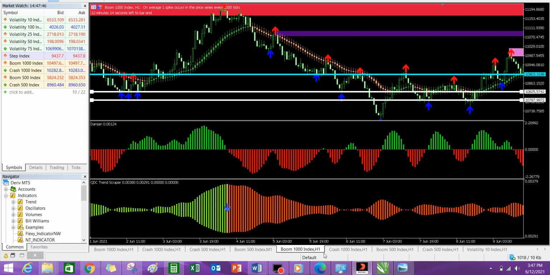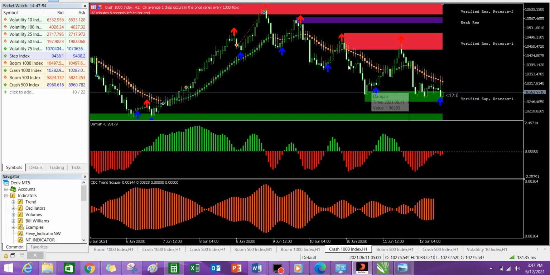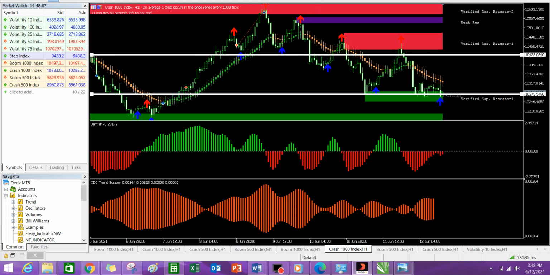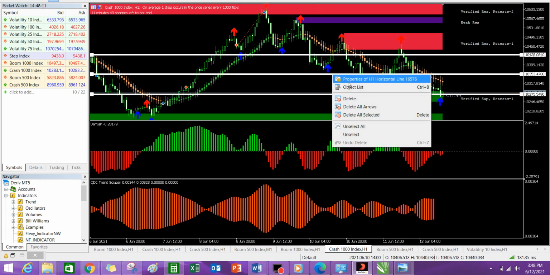Okay, let me quickly show you crash so that you guys will understand what I'm talking about. Okay, check out here. We are actually buying in crash. We came in from this support level. I'm going to add 2 other horizontal levels to it and change their colors.